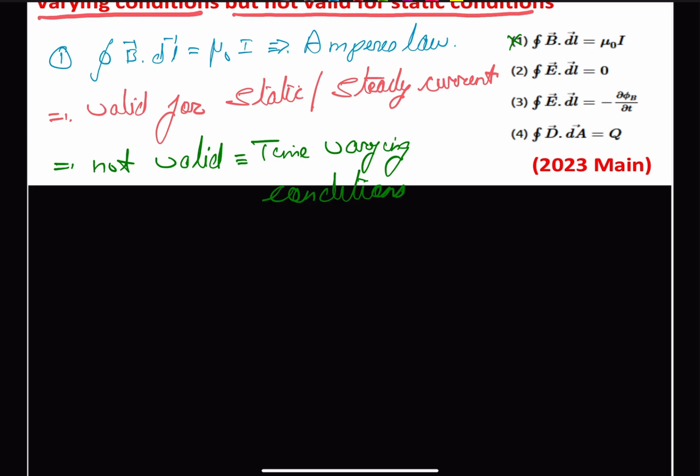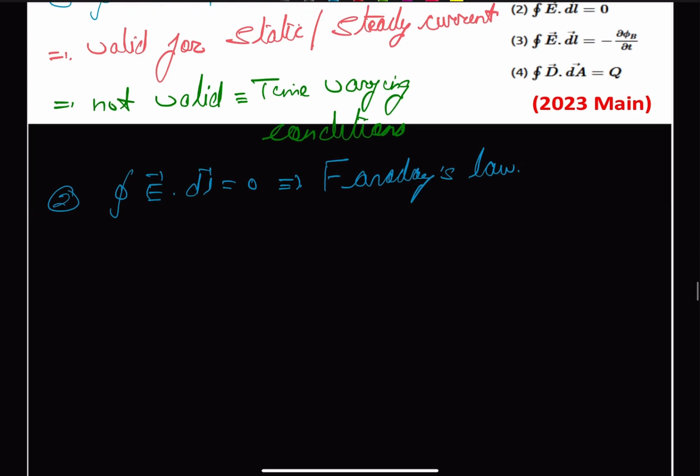Let's try option number 2, which states that the closed integral of electric field E dot dl is equal to 0, and this is Faraday's law in electrostatics.